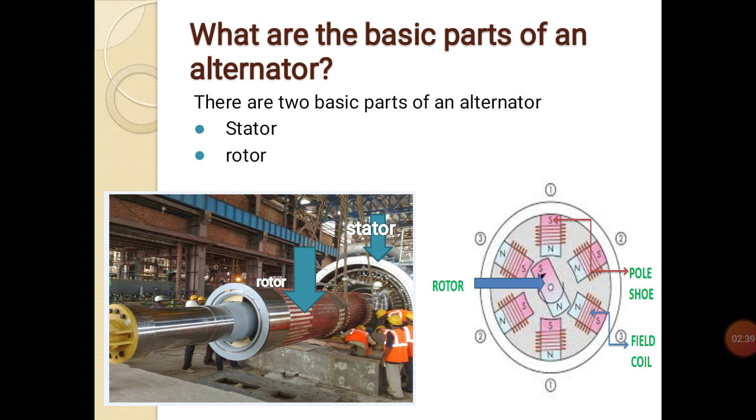Now, what are the basic parts of an alternator? There are two basic parts of an alternator, namely the stator and the rotor. The stator has two parts, namely the pole shoes and the field coil.